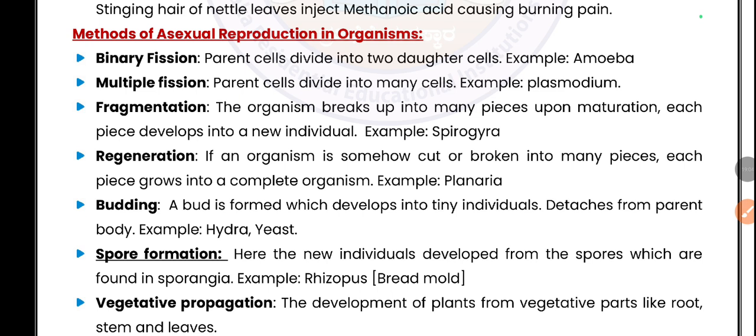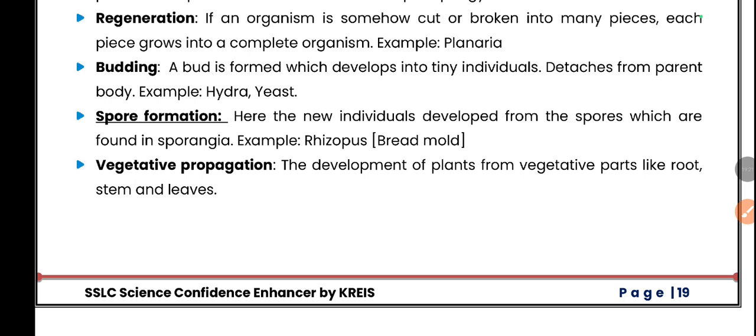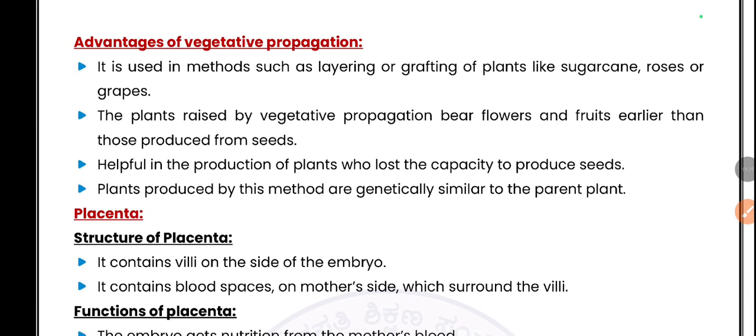Example, Hydra, yeast. Spore formation: here the new individuals develop from the spores which are found in sporangia. Example, Rhizopus. Vegetative propagation: the development of plants from vegetative parts like the root system and leaves, etc. Advantages of vegetative propagation: it is used in methods such as layering or grafting of plants like sugar cane, roses and grapes.